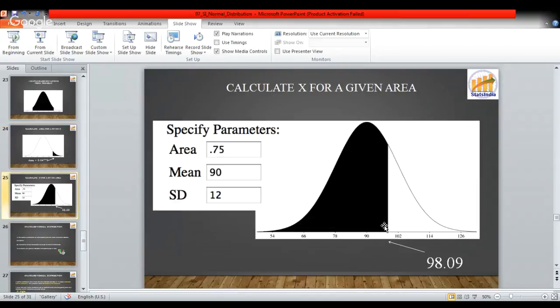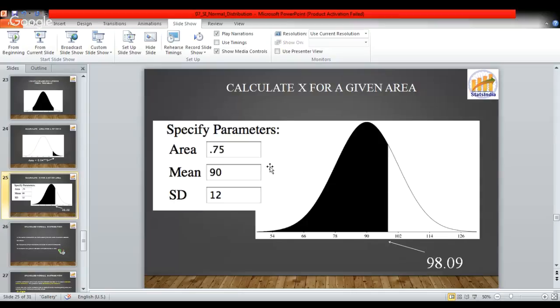Now, the reverse. If the mean is 90 and SD is 12, what is the cutoff mark for 75% of the observations? Suppose we consider it like this. In the JEE exam they want to find the cutoff mark.